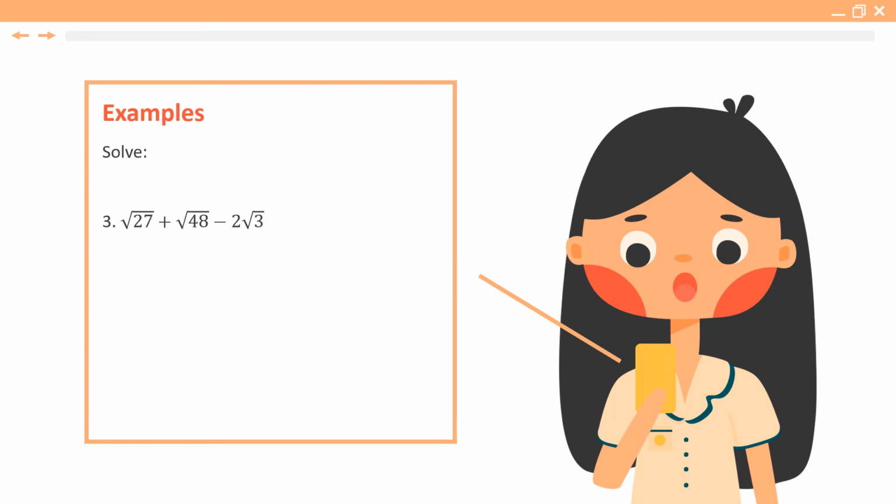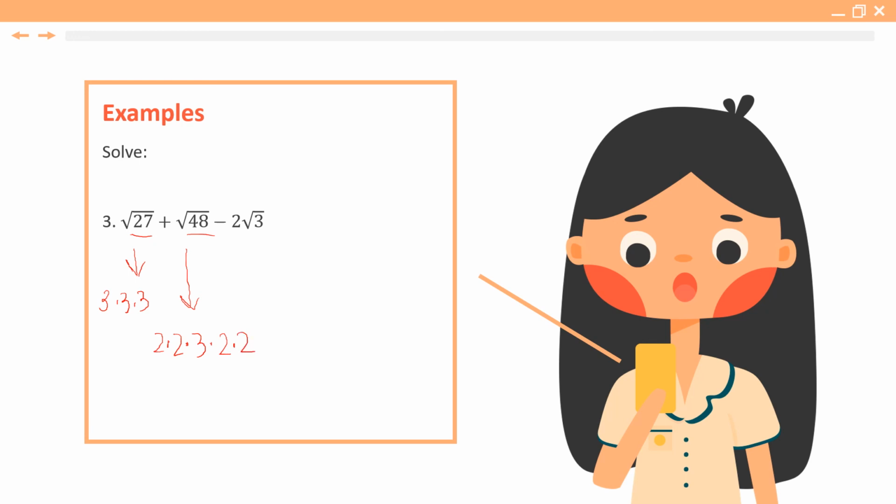First, we need to factor out our numbers and see if we have some radicals that can be the same. So 27 is 3 times 3 times 3, while 48 is 2 times 2 times 3 times 2 times 2.